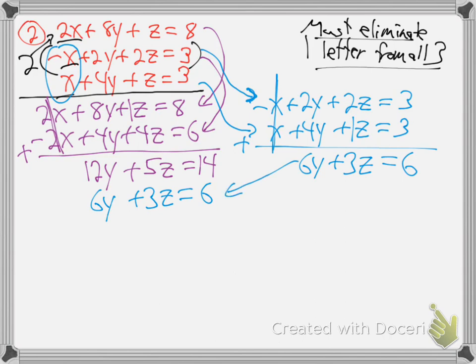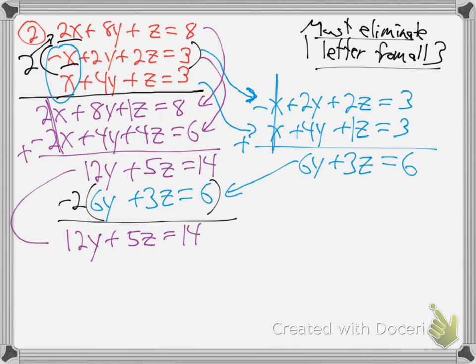So now, how do I handle those two equations that only have two letters? Got to make opposites, got to make something cancel again, so I could multiply this bottom equation by negative 2. You see, that'll make negative 12y. It'll cancel with the positive 12y. So let me bring down the first equation. And then the second equation becomes minus 12y, minus 6z is minus 12.